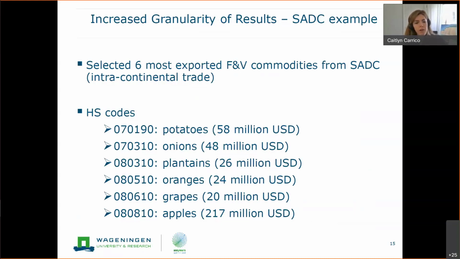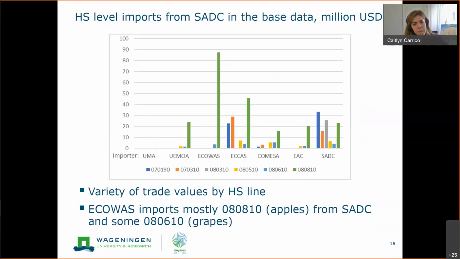And you can see we have a variety of different commodities. We have potatoes, onions, plantains, oranges, grapes, and apples. And here we can actually see in the base data what is the underlying trade for these different commodities. So this is just to give background.